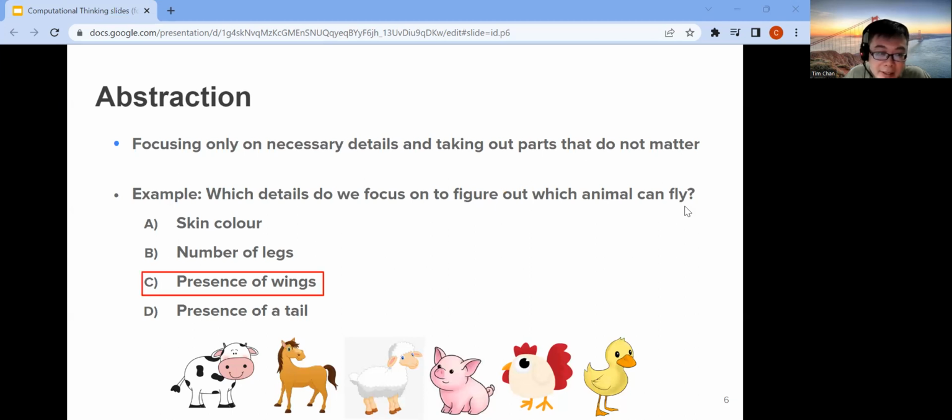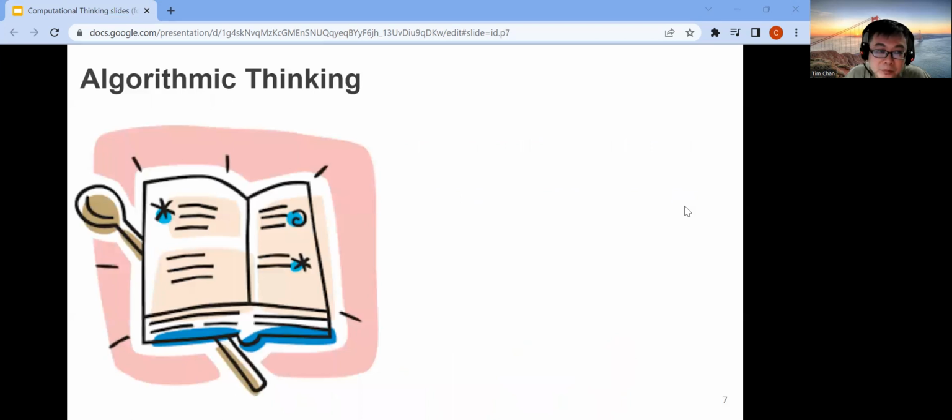If your answer is C, you got it right. To answer the question of which animal can fly, we only need to look at the presence of wings. The other attributes are not relevant. So this is abstraction.